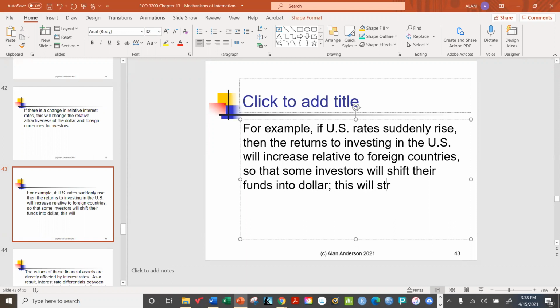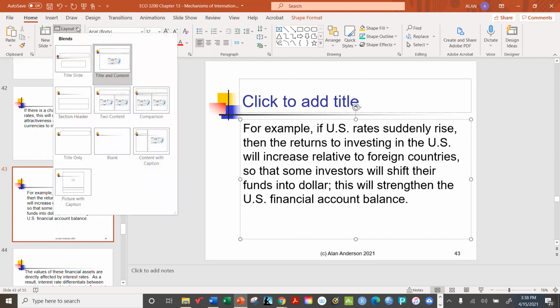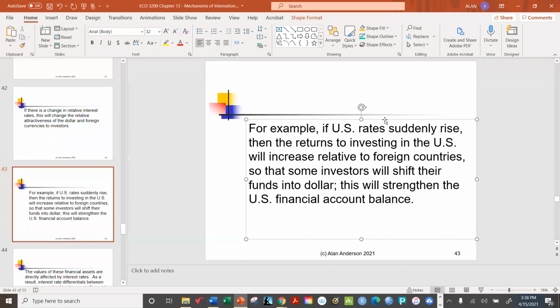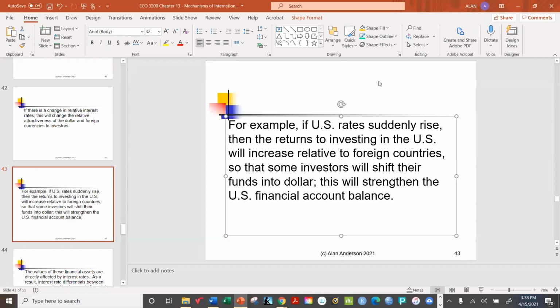This will strengthen the US financial account balance. So the Fed raises rates, and all of a sudden, investors are moving their funds into American assets. And before you know it, our financial account balance will improve.